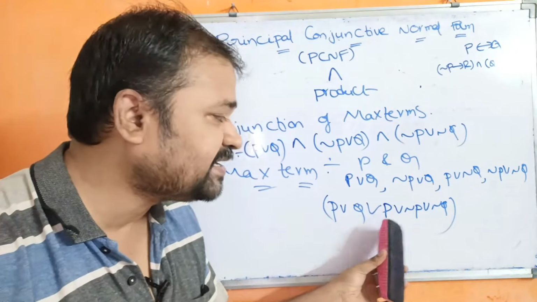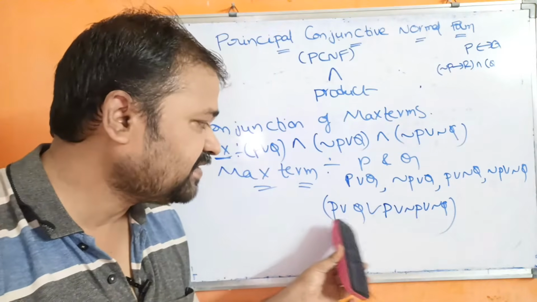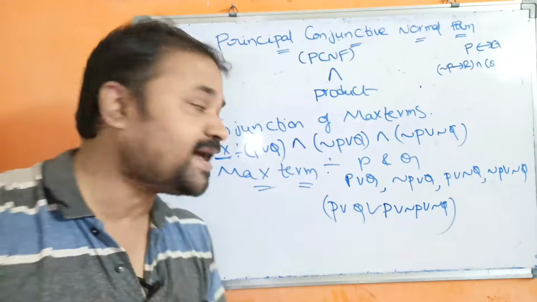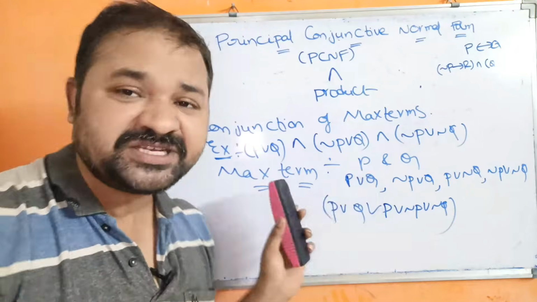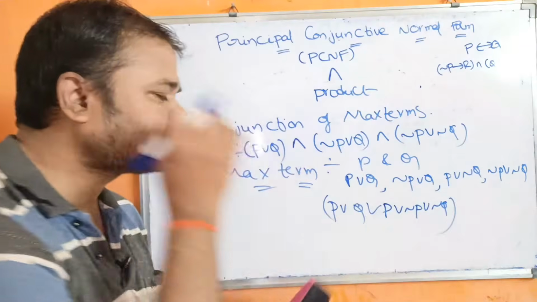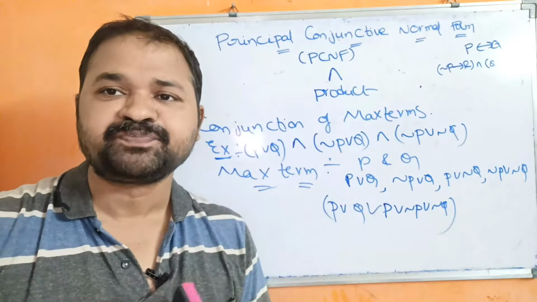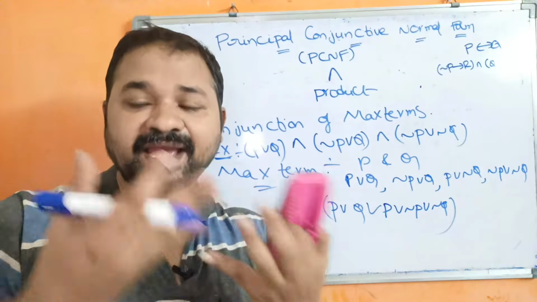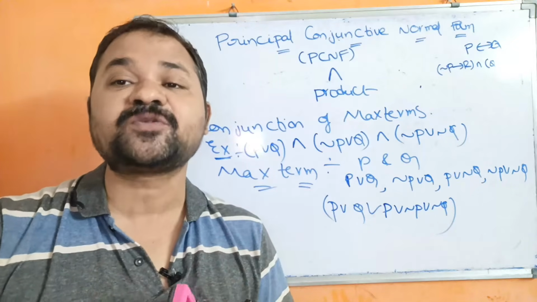Here we have repeated P, negation P, here P several times, and here Q two times. Whereas in a max term, repetition is not possible. These are the only possible max terms if we have two propositions. If there are three propositions, then the maximum number of max terms is 2 power 3, that is 8. Repetition is not possible in a max term.